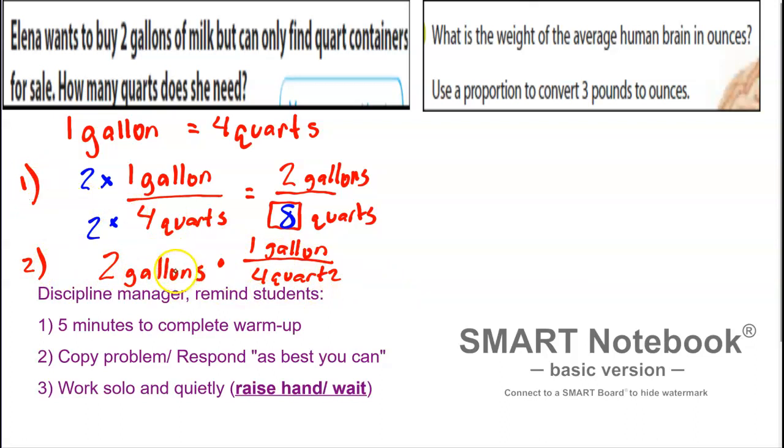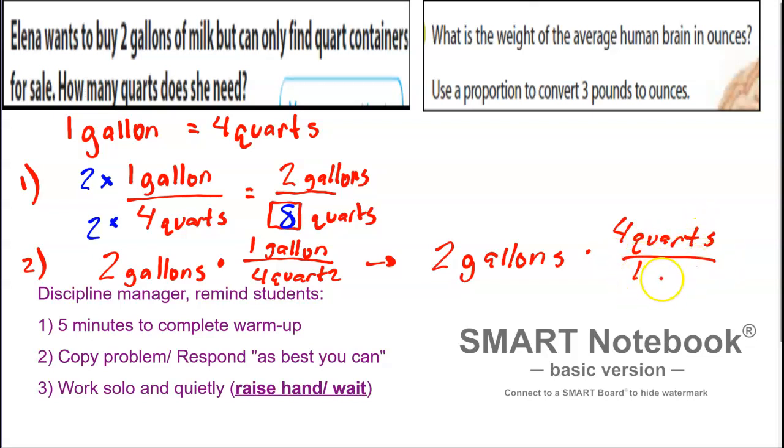If I do this method, I'll notice that gallons is on top of this fraction and gallons is on top of this fraction, so that's a problem. With the conversion factor method, you want to write 2 gallons times, since this is just a rate, you can switch the order so that you have 4 quarts over 1 gallon.